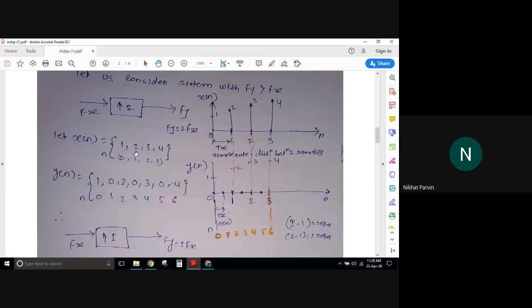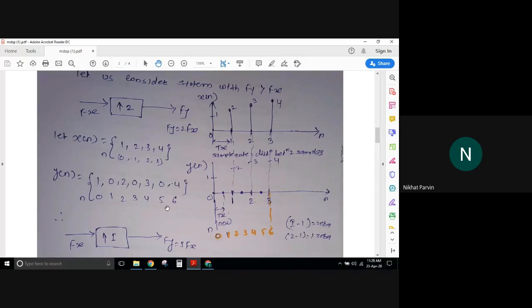At 1 it was 2 earlier, but here at 1 it is 0, at 2 it is 2, again at 3 it is 0, at 4 it is 3, at 5 it is 0 and at 6 it is 4. That means the magnitude which occurs earlier at the sampling instant 3, the same amplitude will occur at 6.